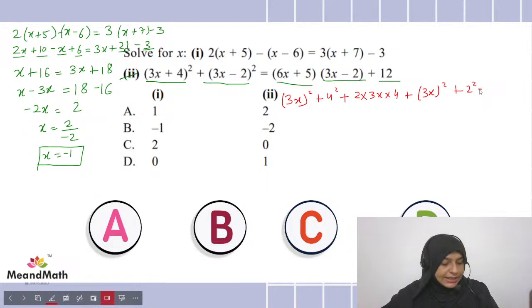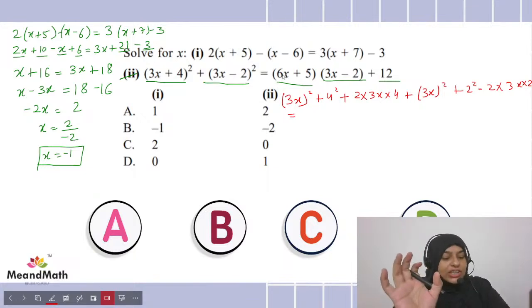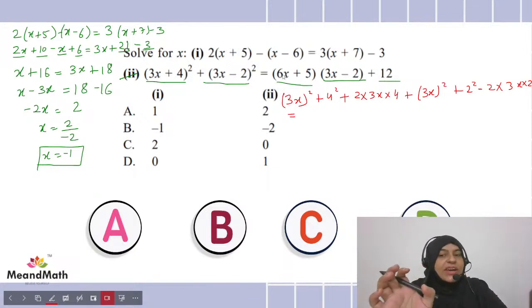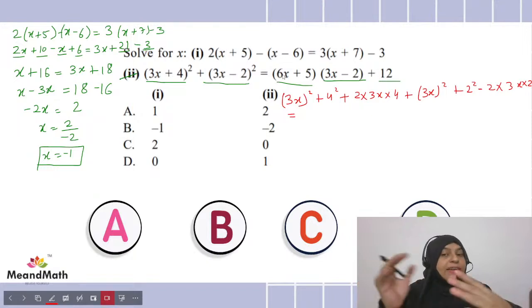Now it is minus, so we need to apply the formula of a minus b to the whole square. 2 times of 3x and 2. Right? Which is equal to, now there is a multiplication of two brackets, 6x plus 5 and 3x minus 2 on the right hand side.